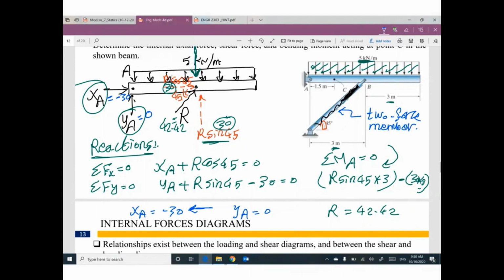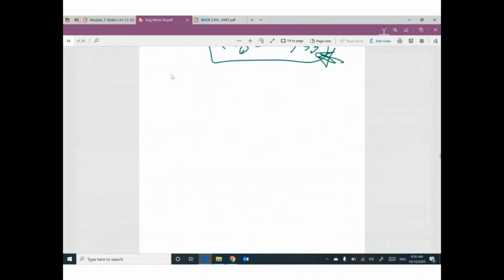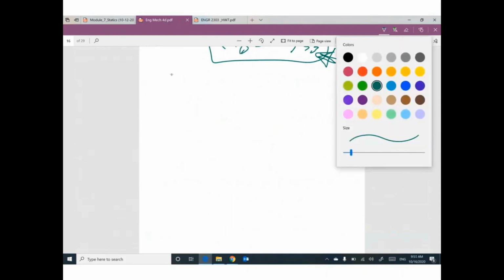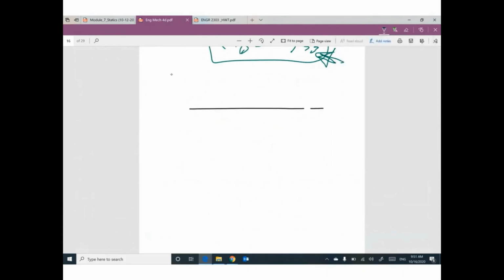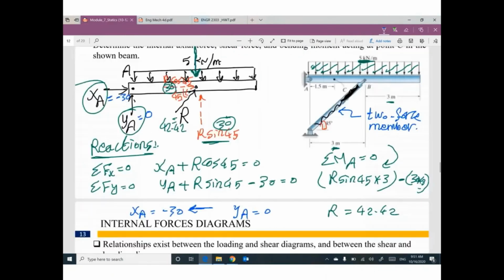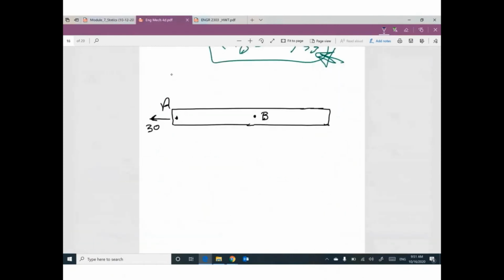So guys, here is the final conclusion for this beam. Here is point B, here is point A. We have horizontal reaction like this, 30. You assumed it like this and your answer is negative, so the correct direction must be like this. This reaction is 0.